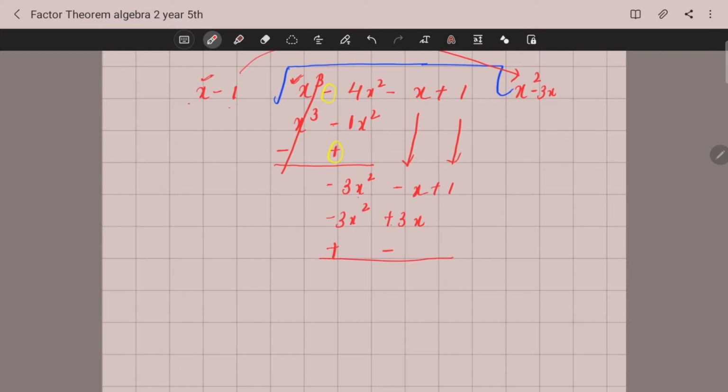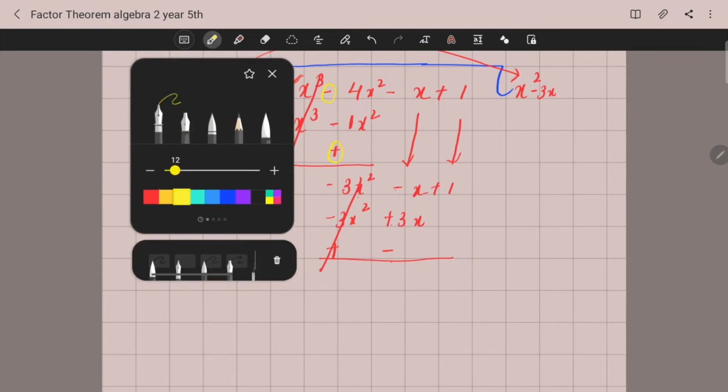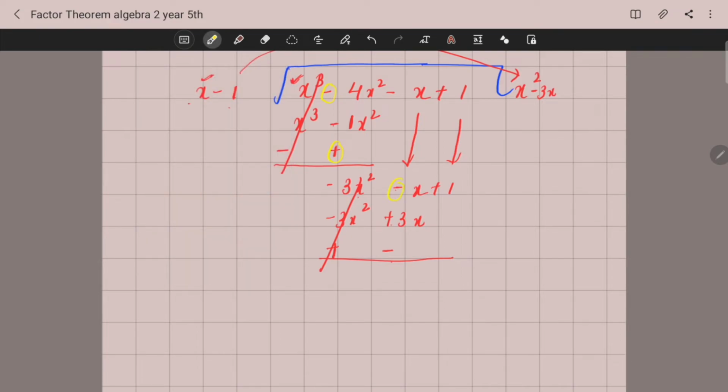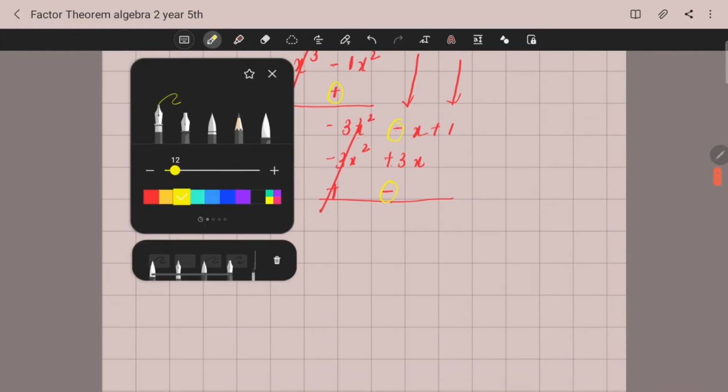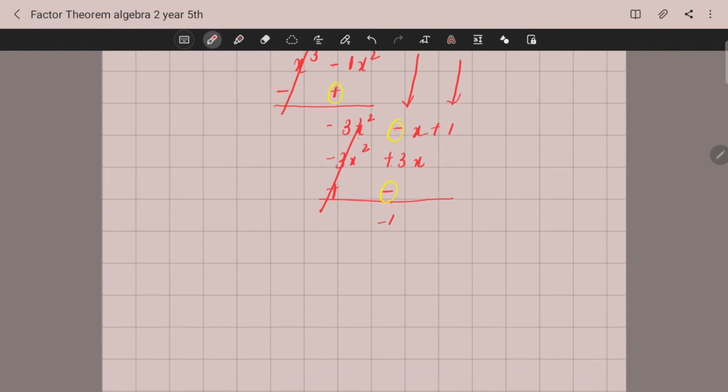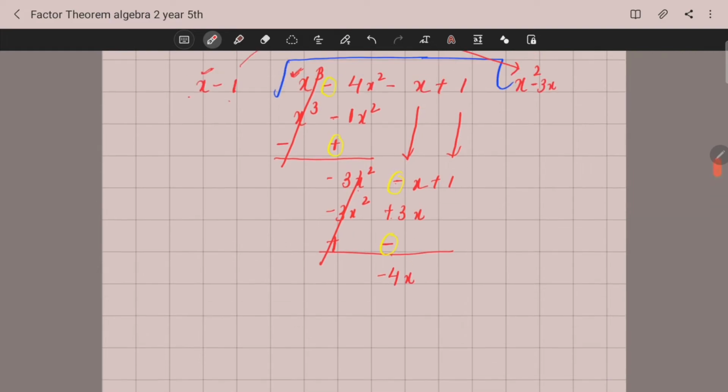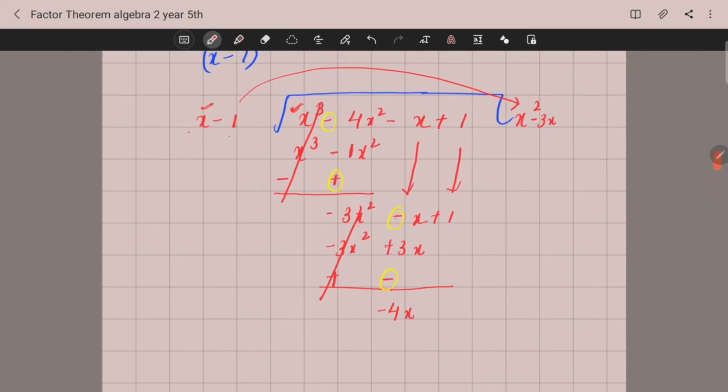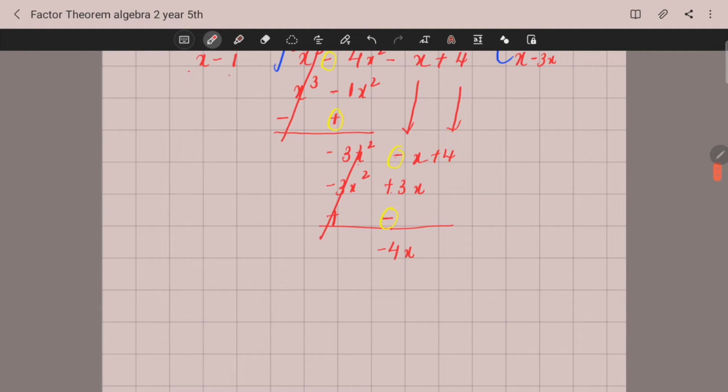So the x squared terms cancel, and minus x minus 3x is minus 4x. Sorry, here the 4 is there, so I write this 4 over here.